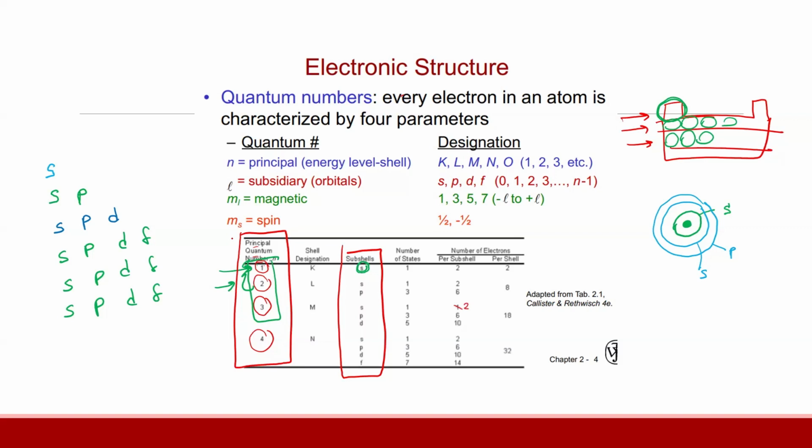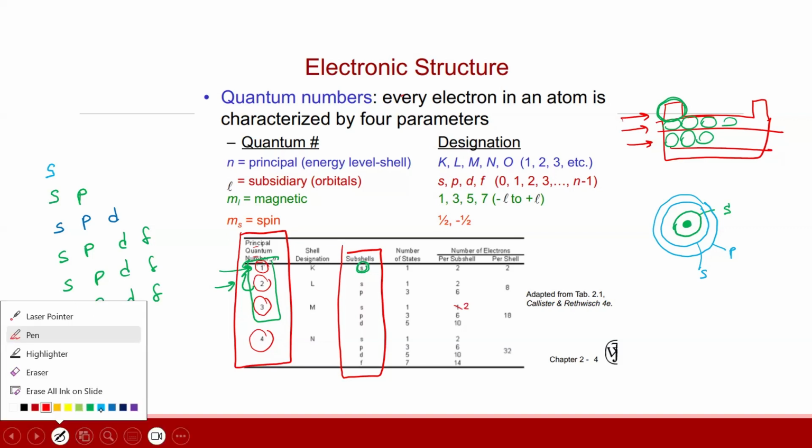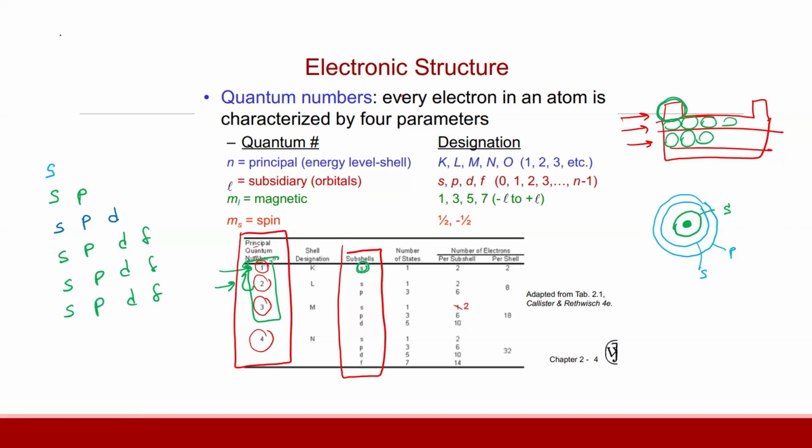Yes. Okay. Now the other thing that you need to remember is this S can hold 2 electrons. P subshell can hold 6 electrons, and D can hold 10 electrons, and F can hold 14 electrons.